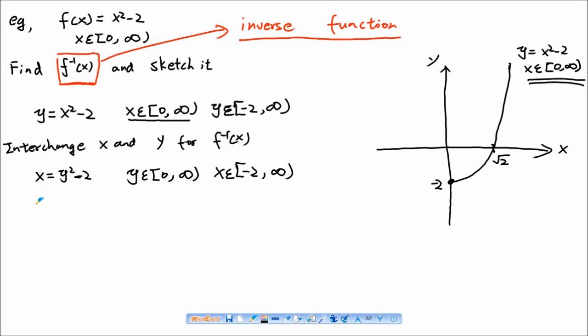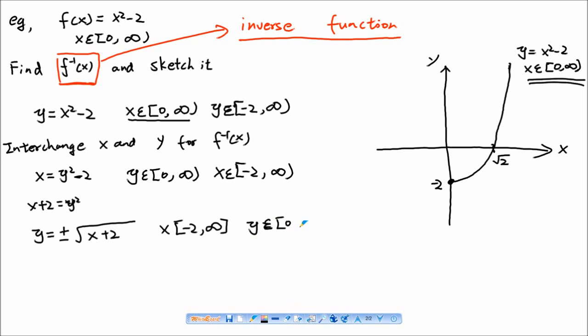I can rearrange this formula: y equals plus and minus square root of x plus 2. The domain is that, and the range is from 0 to infinity.